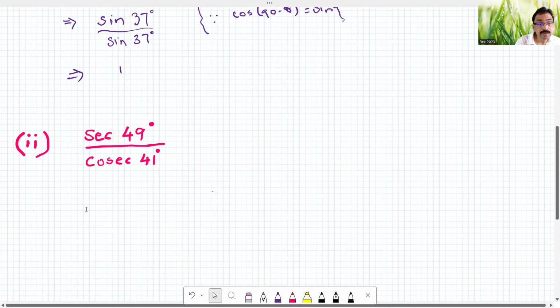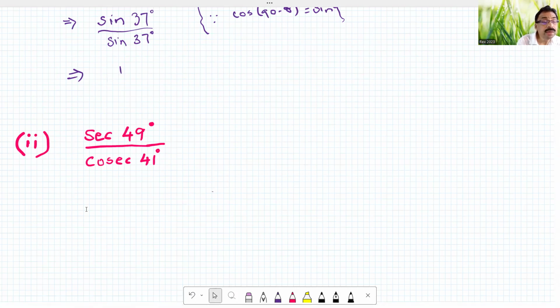Sec 49 divided by cosec 41. Here again, I'm going to change sec 49. I'm keeping cosec 41 as it is. So sec 49 can be written as sec 90 minus 41, and this divided by cosec 41.